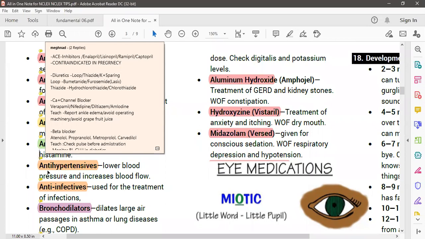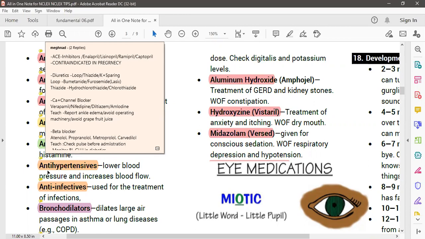They reduce the sodium, reduce the potassium, reduce the blood pressure, but they increase blood sugar level. Means they can cause hyperglycemia. They can cause hyperlipidemia. They can cause hyperuricemia. They increase blood urea nitrogen.